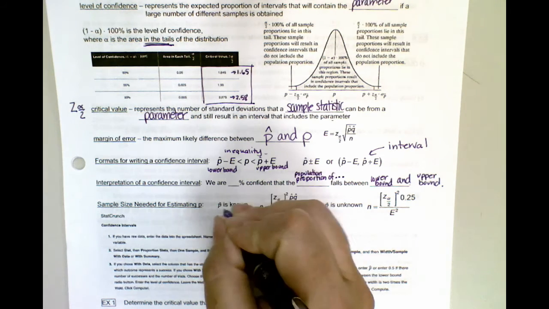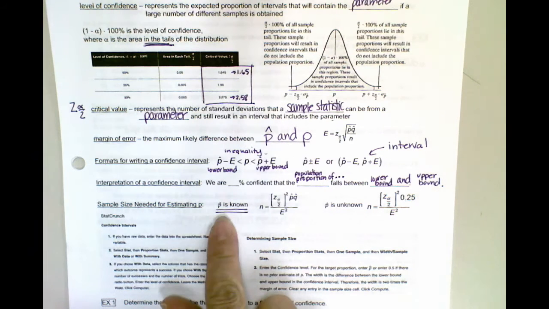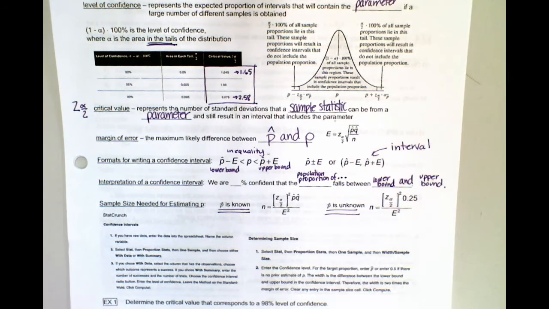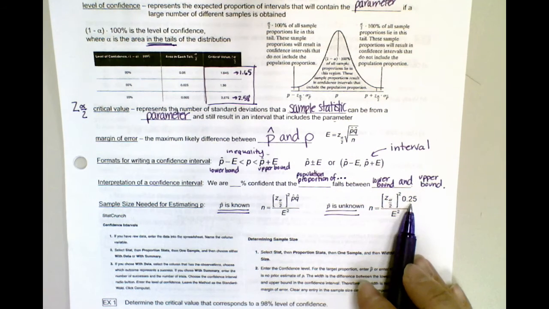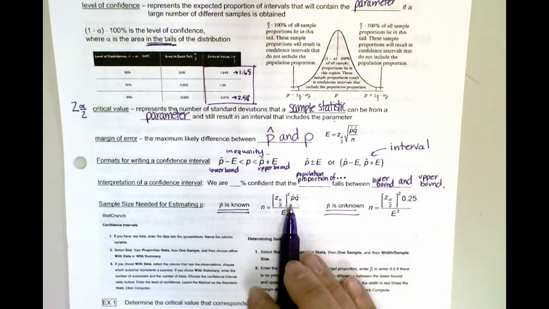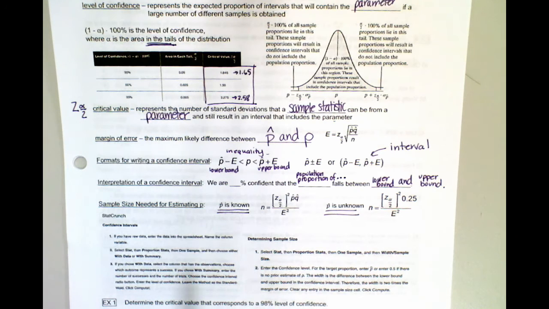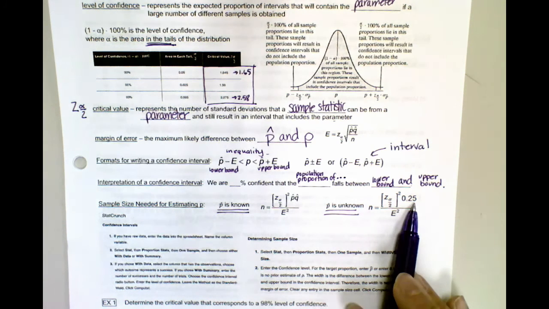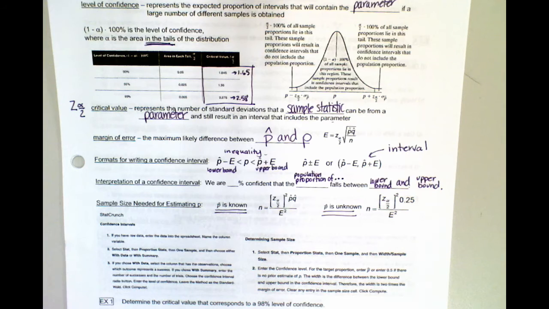So there's two different formulas, one for when we actually know the sample p-hat, and then one for when we don't. So when we don't, we use 0.25 here. The reason is that if we don't know p-hat, we assume p-hat to be 0.5 because 50-50 shot. And if p-hat is 0.5, then q-hat is also 0.5, and 0.5 times 0.5 is where that 0.25 comes from. Everything else about the formula is the same.